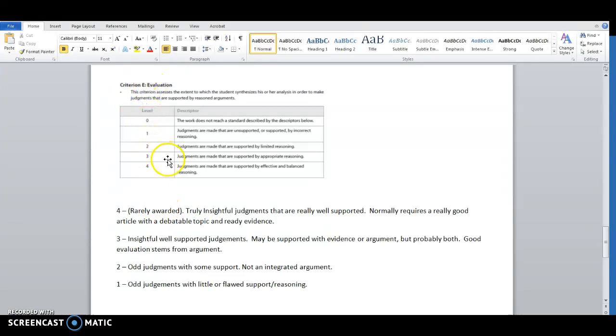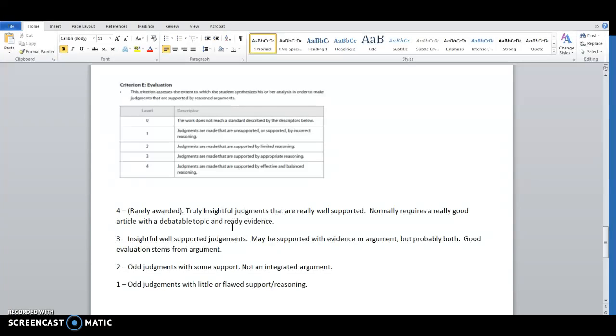This is the evaluation. And we wrote this in here: rarely do we ever see a 4 out of 4 here. But when we do, what's happened is the student has collected an article that really has a debatable topic, something where maybe in the article they have someone arguing one side of the story and one arguing the other.